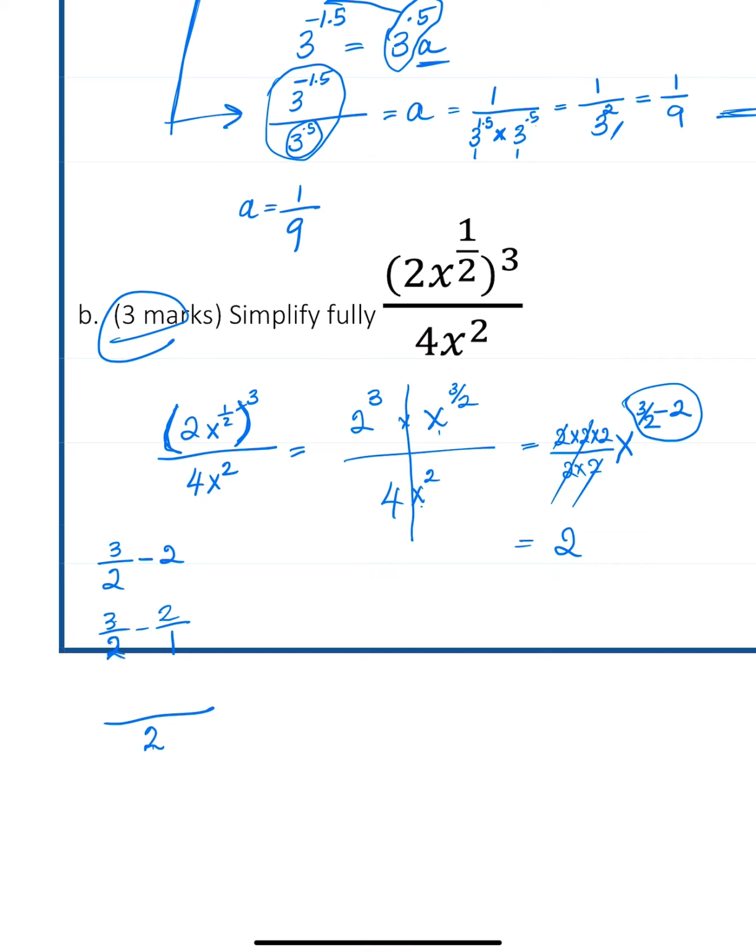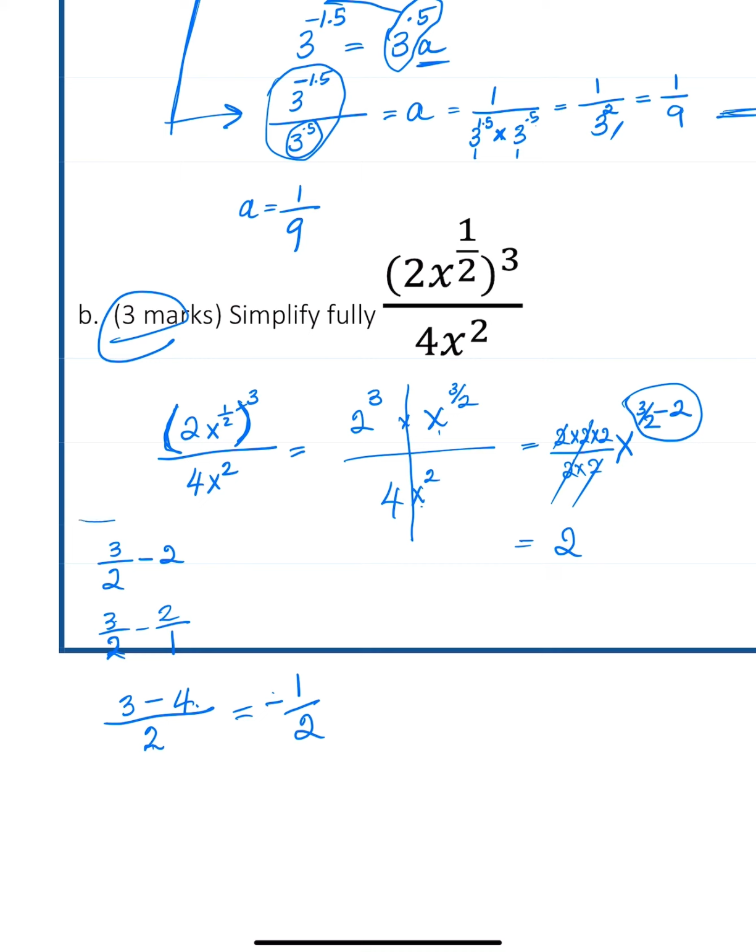So 1 times 3 is 3. Minus, 2 divided by 1 is 2, and 2 times 2 is 4. Okay, so 3 minus 4 is minus 1. And then we keep our 2 in here.